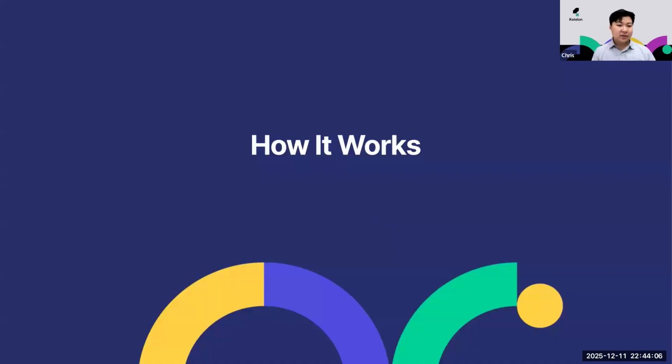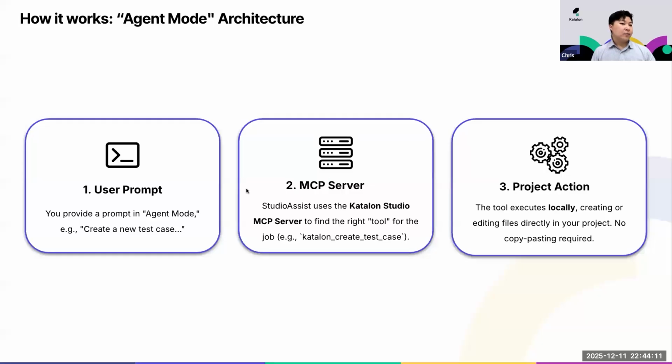Okay, so in detail, let's discover together how it works. We're going to make it simple for you. Similar to any other agent mode, we have three steps overall. Firstly, it digests the prompt, whatever you give to the agent, like, hey, create a test case based on the source you want. Then it connects to the MCP server and finds the right tool to proceed with the job assigned from your prompt.